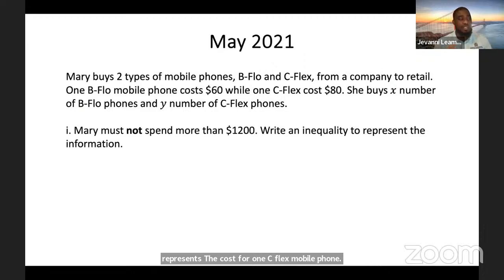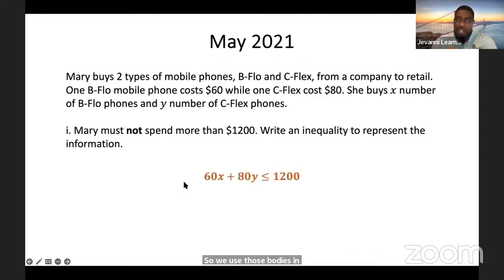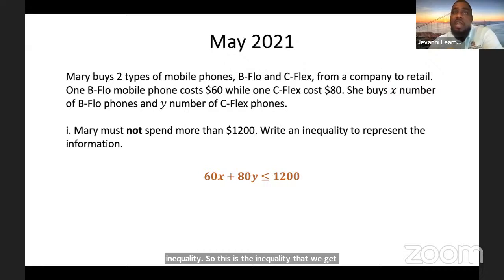So we use those values in order to ascertain this inequality. So this is the inequality that we get: 60x added to 80y less than or equal to 1,200.